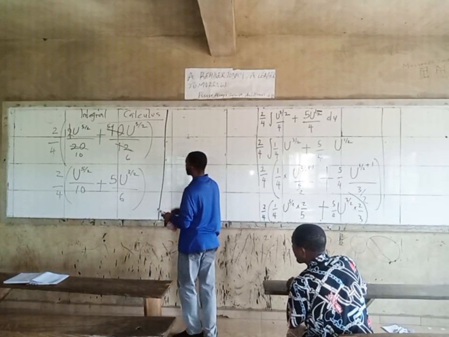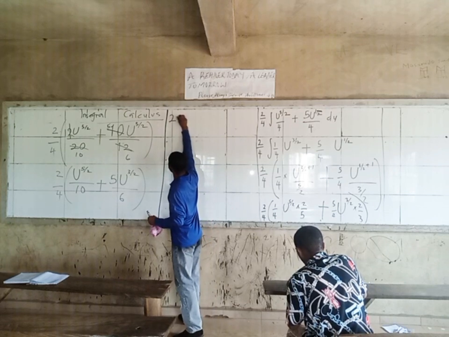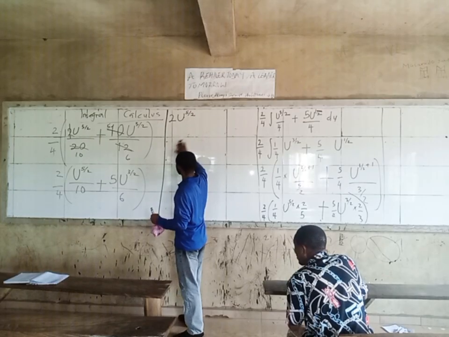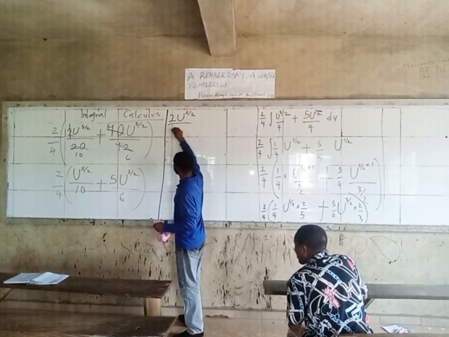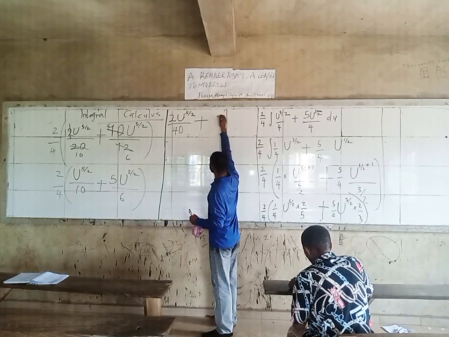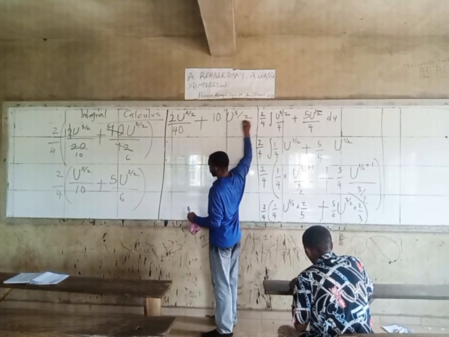So that this now becomes 2u^(5/2) times 10. 4 times 10 is 40, plus 2 times 5, 10u^(3/2).